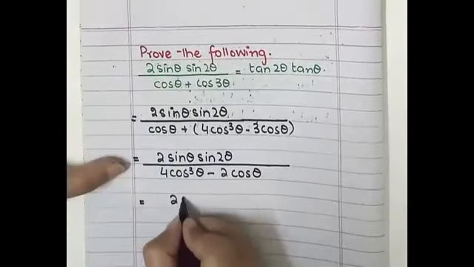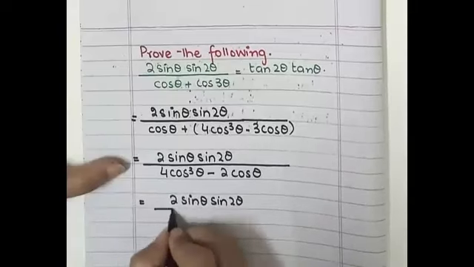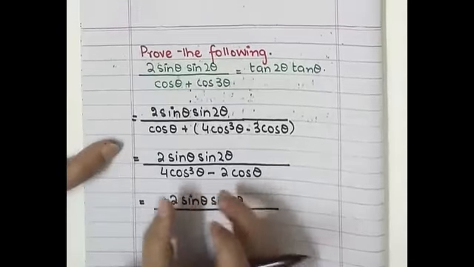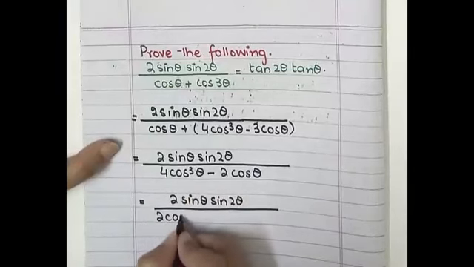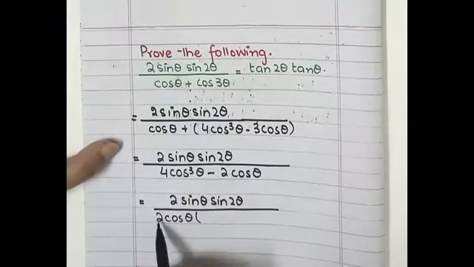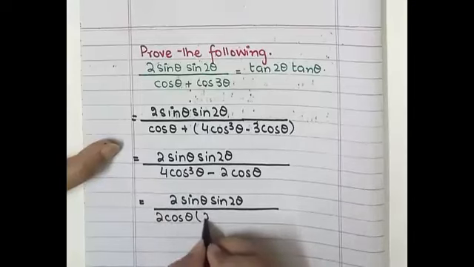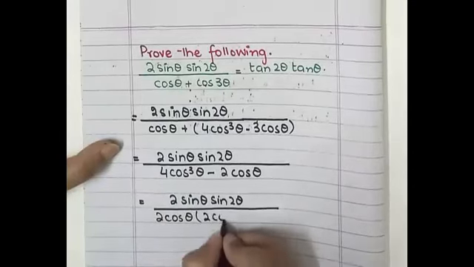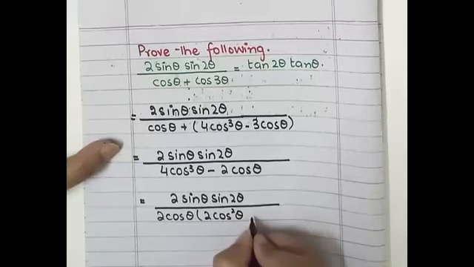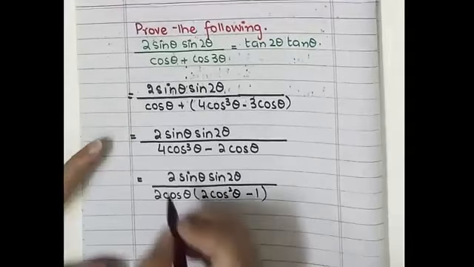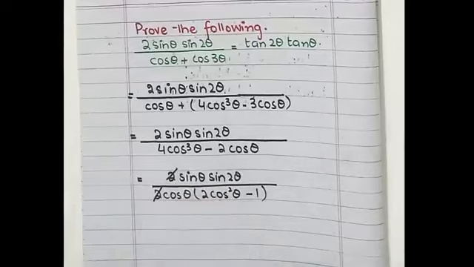Writing the numerator as it is, taking 2 cos theta common from the denominator, taking 2 common we have 2 cos square theta minus 1 left inside the bracket. Now this 2 and 2 will be cancelled out.